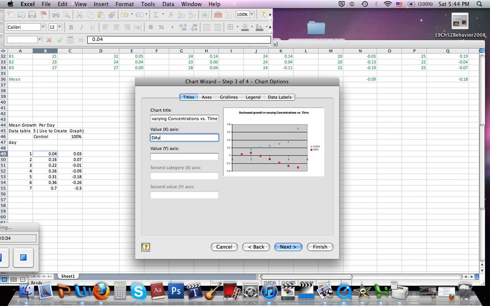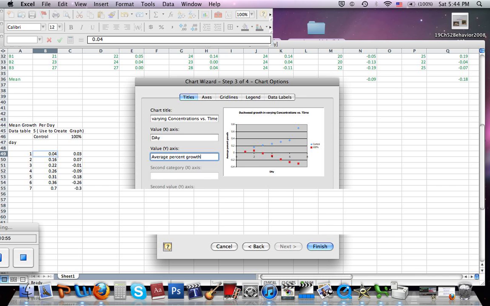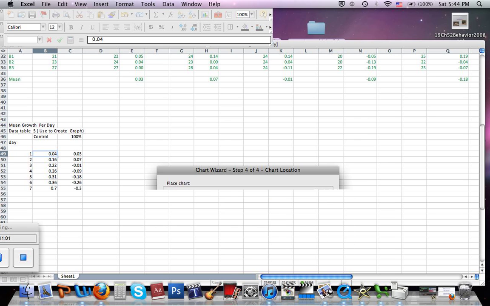Your y value will be number. Oh no, it will be average growth. Let's do percent growth. Okay, so we'll do next. Okay, let's finish it and see what it looks like so far.